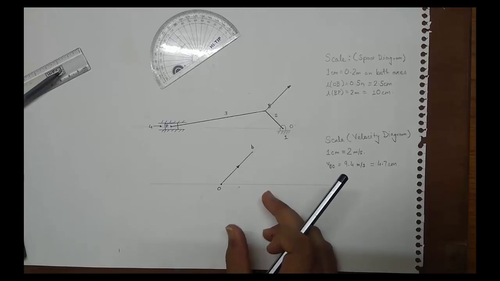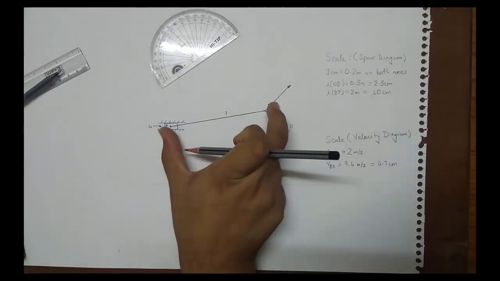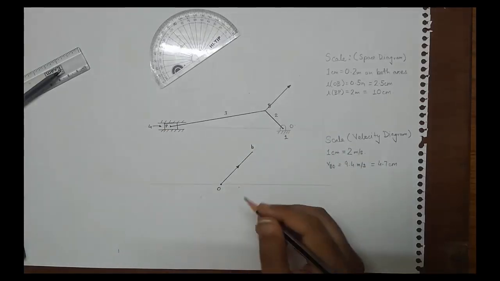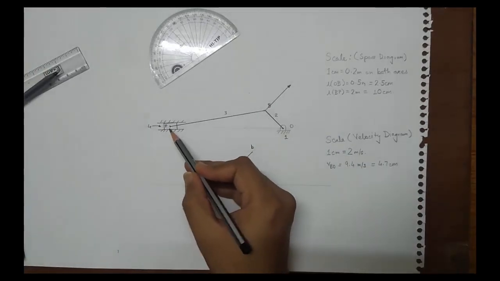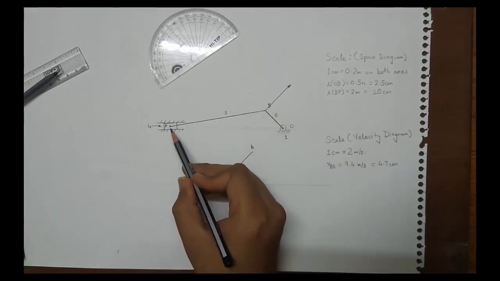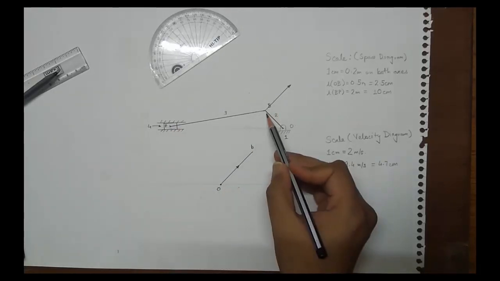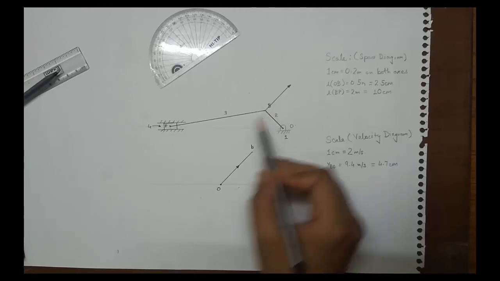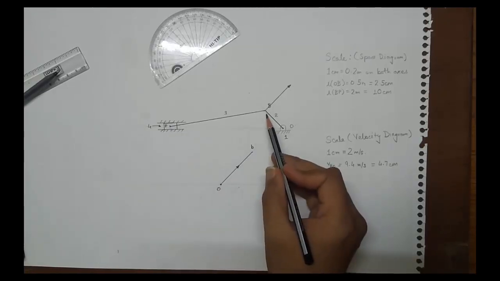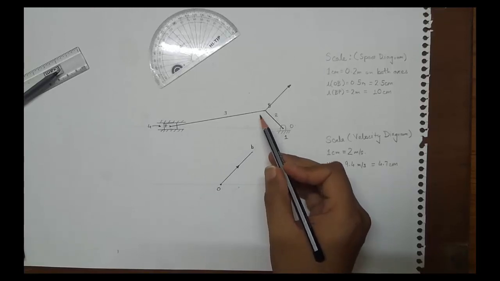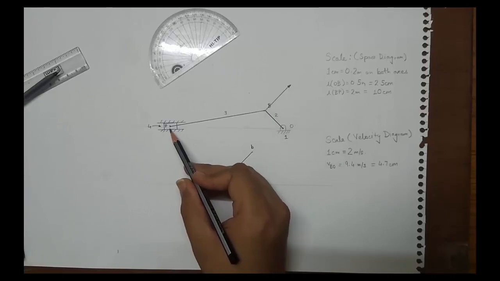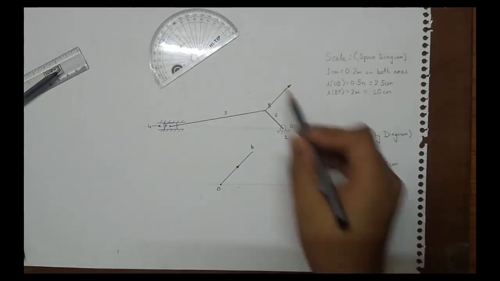For that, what can we do? We can consider the link BP. Considering the link BP, we can find the velocity of P with respect to B. Whenever you have to find the velocity of one point with respect to another point, you have to fix the second point and assume that the first point is rotating about that second point.